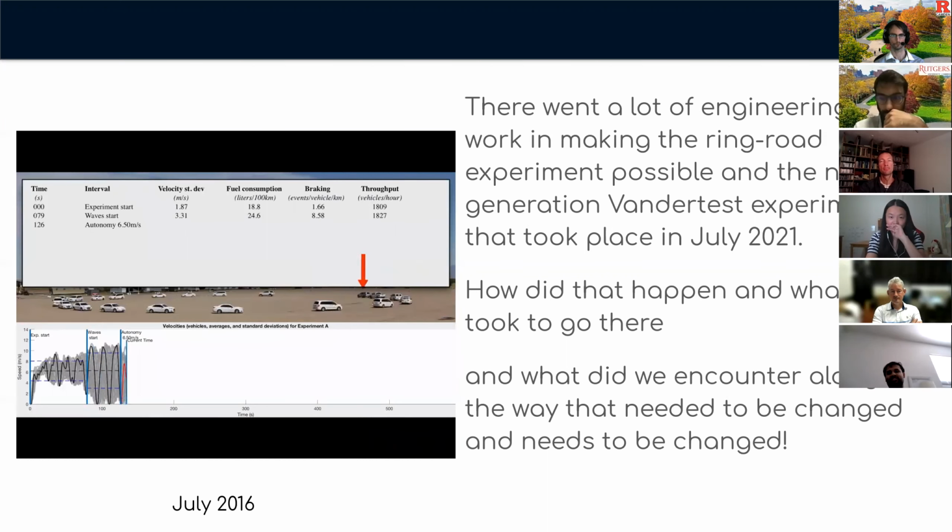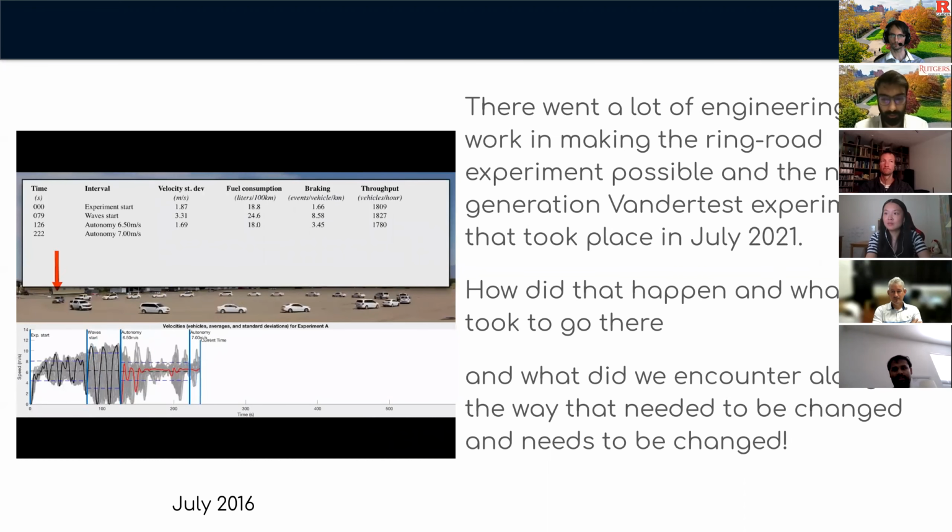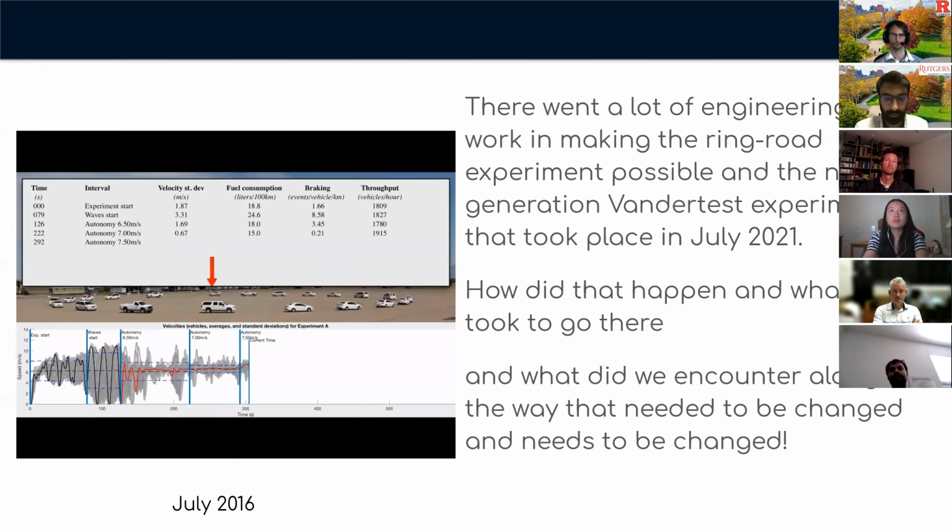We had a lot of engineering work that we put together to make sure that everything would work nicely and there were no issues. So this talk is a story about how we got to that point and what was required for this kind of experiment, the one that we did in Vanderbilt this past summer.